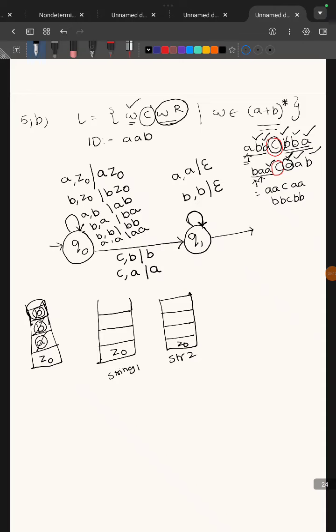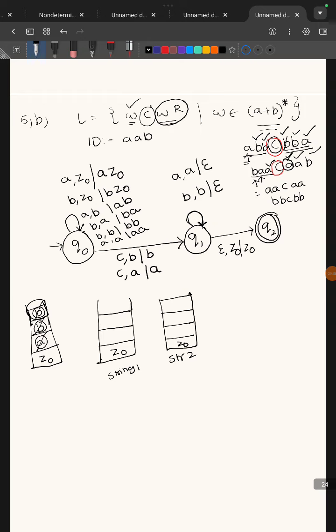So when the input string is done, it will be empty, right? So empty input, Z0 is the top of the stack. I will keep Z0 as Z0 itself, okay. And what will we do? We will accept the string. So this is for entering the final state Q2. Here we are accepting the string, okay.